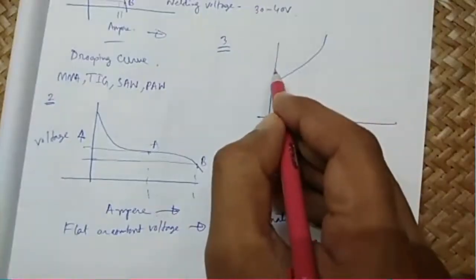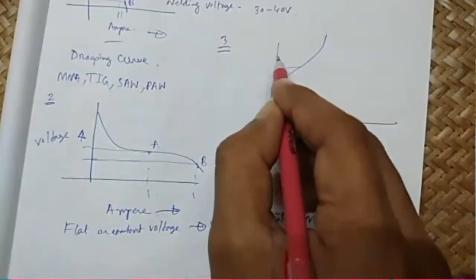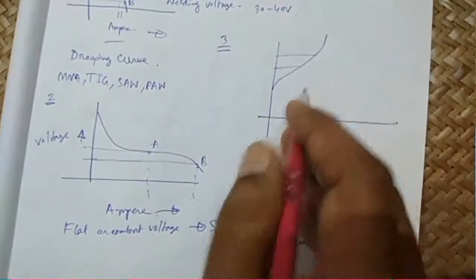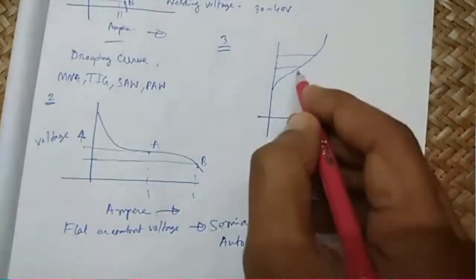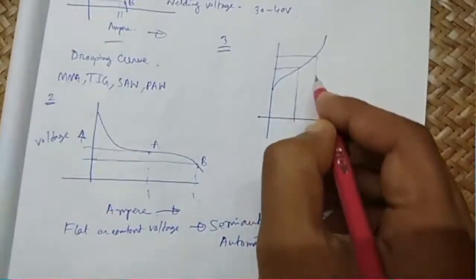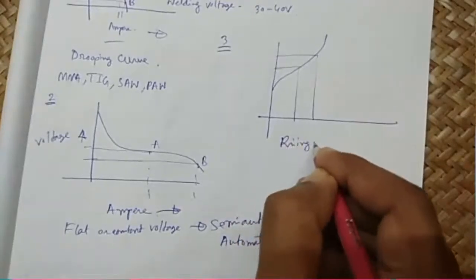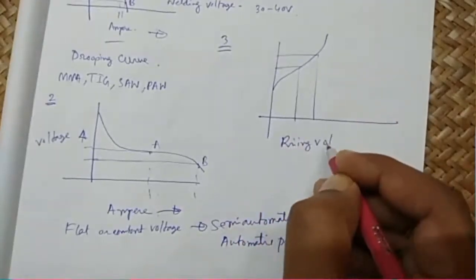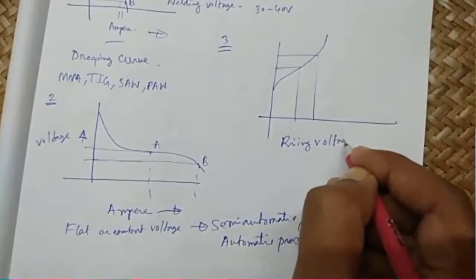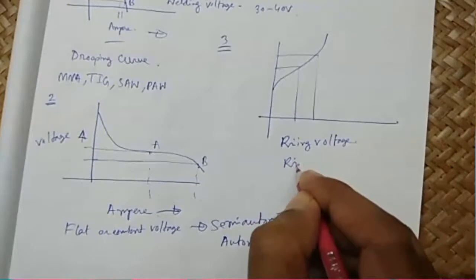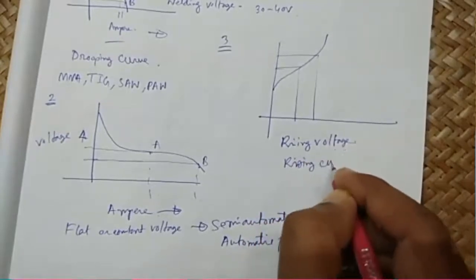So you see the voltage is rising, and this is called rising voltage characteristics or rising curve.